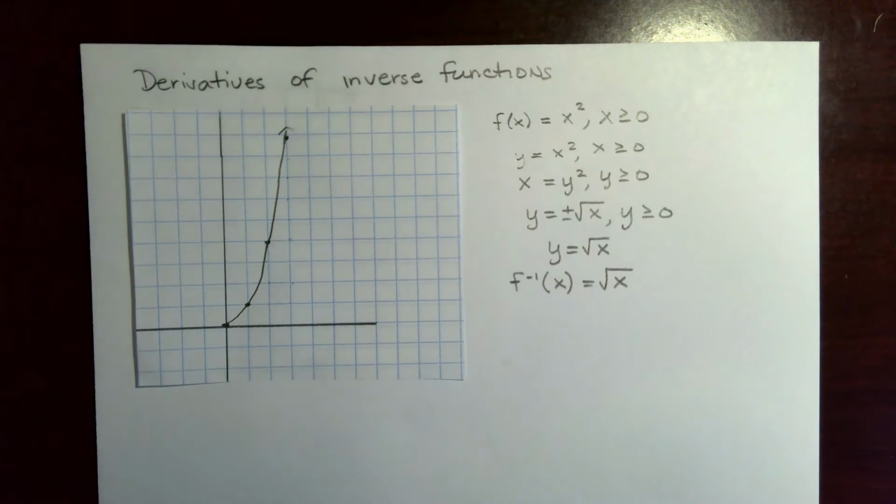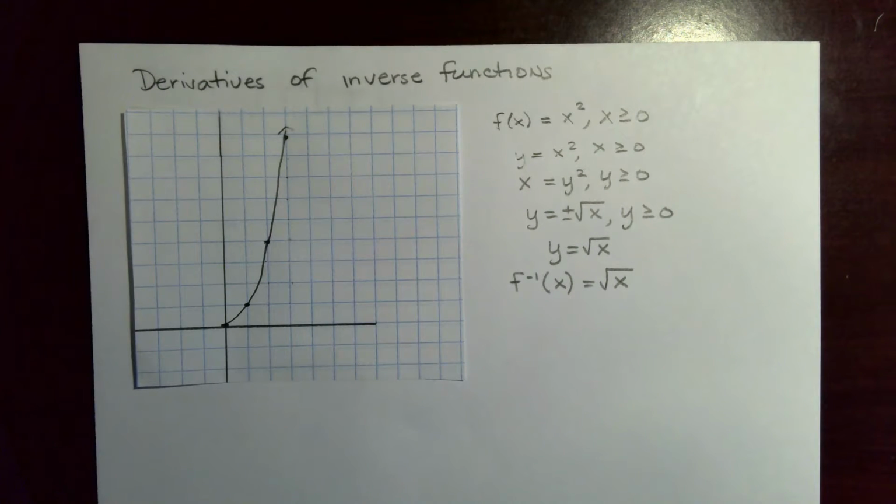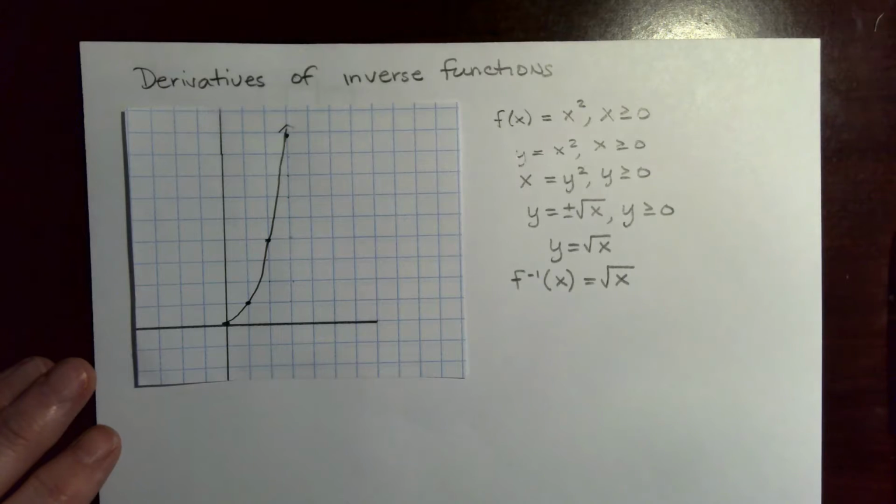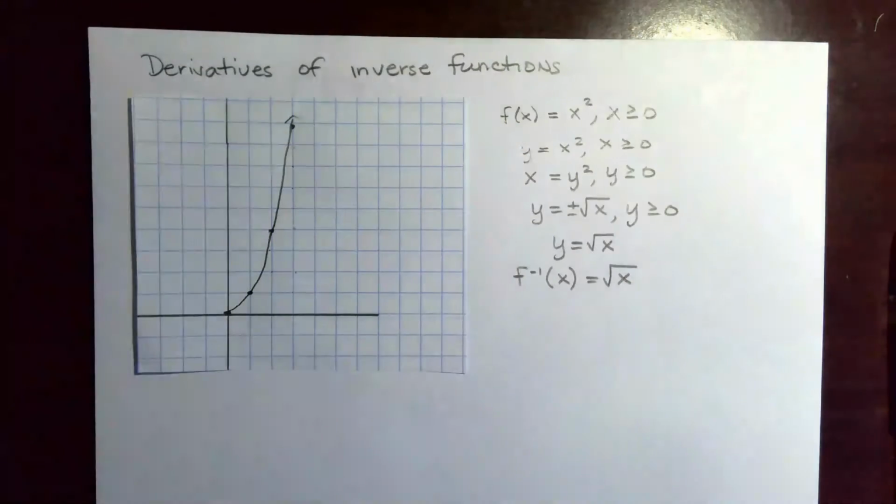Okay, now remember that inverses are always reflections over the line y equals x. Okay, I'm looking for a good pen here that you guys can see. Maybe I'll try a little marker.